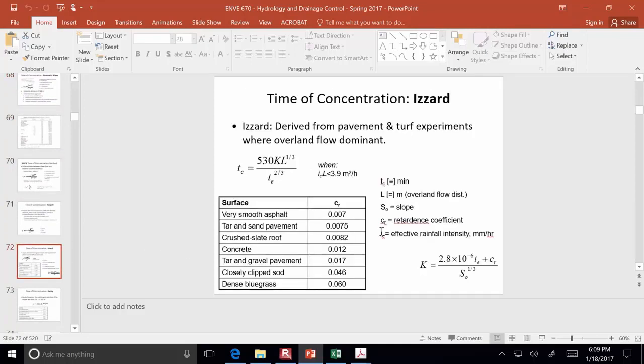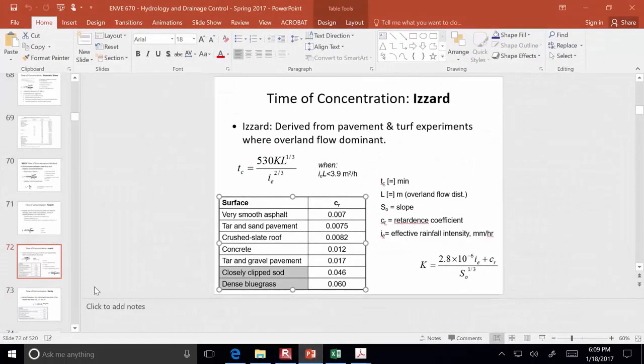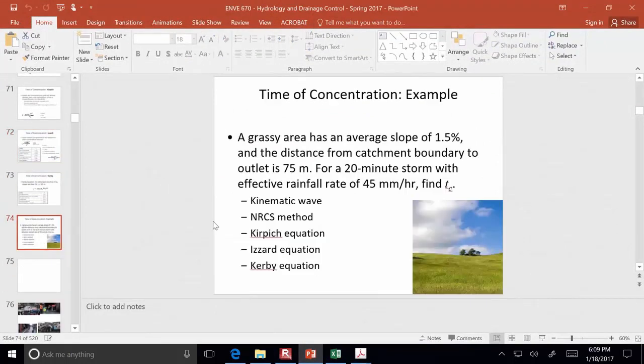Okay, yeah, so 0.046, 5.19. I was saying it's a mix of the grasses, because in the problem statement, we don't really know what kind of grass it is. It just says a grassy area.